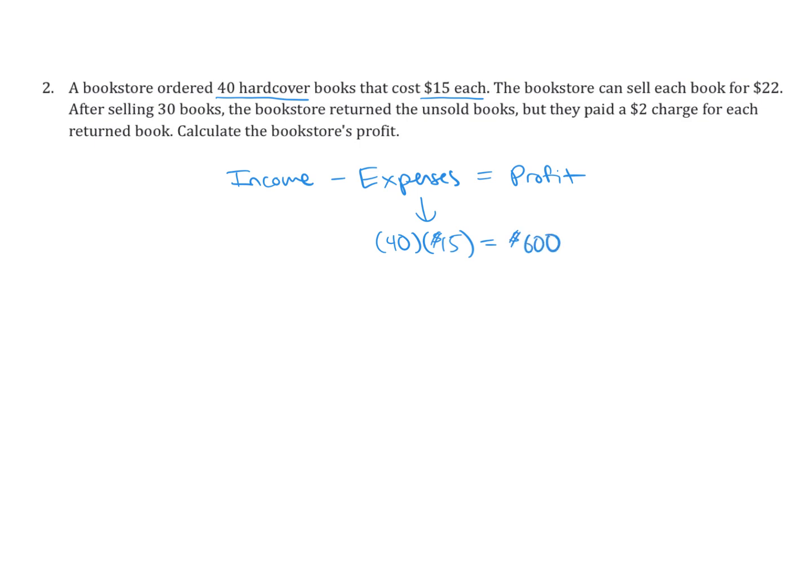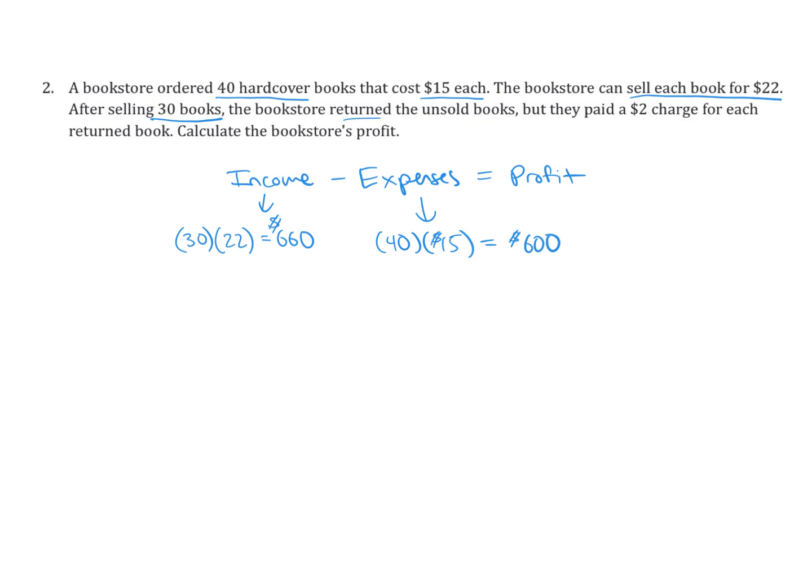So that's how much they initially spent. The income, or the money they took in, well, they sold each book for $22, and they sold 30 books initially. So 30 books times $22 each gives us $660. That's the money they took in, their income.